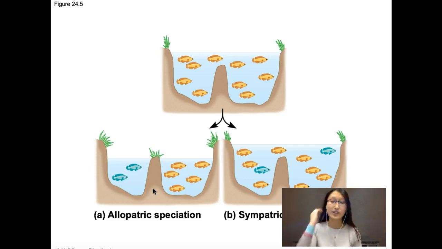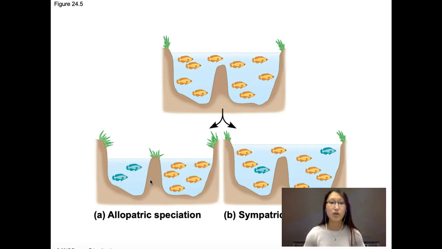So in the ocean, sometimes mountains can come out of nowhere because of the movement of the tectonic plates, I suppose. And so if there's a geographical barrier that comes up between two populations, that's going to separate the two populations and prevent gene flow from happening.